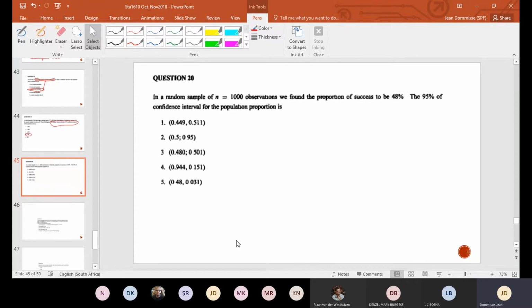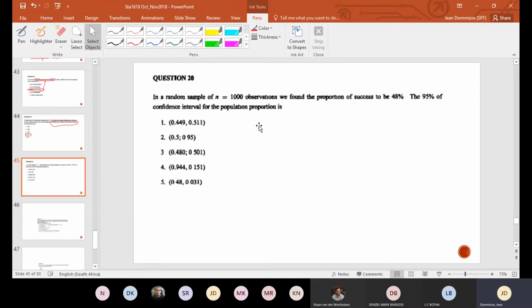And population proportion is always a Z. Don't get confused that sometimes there can be a T, because it can't be. So population proportion, always a Z.